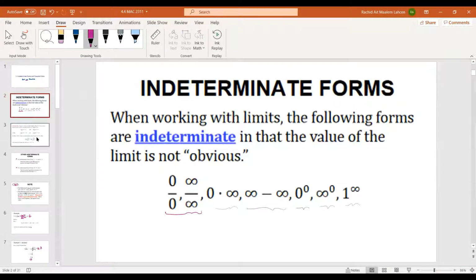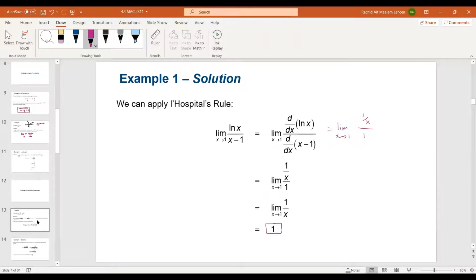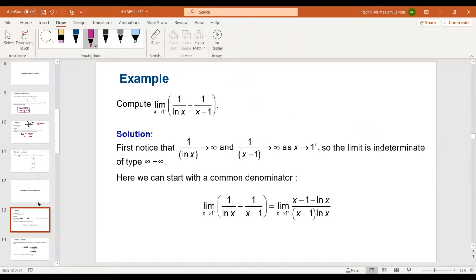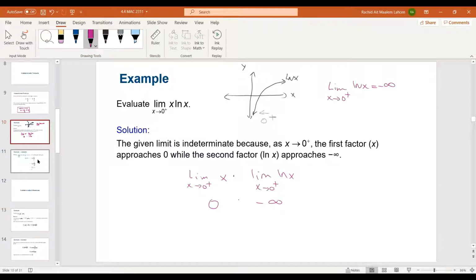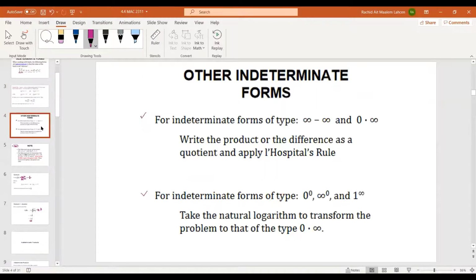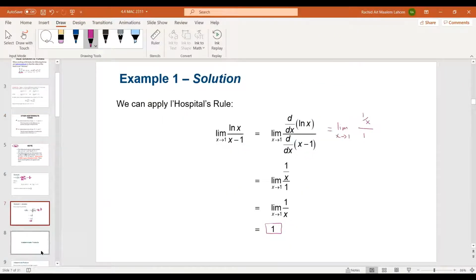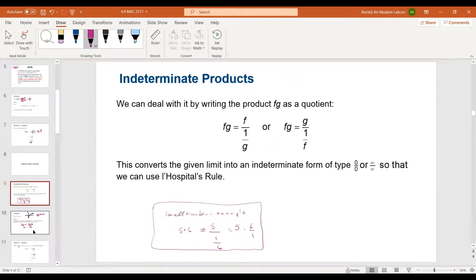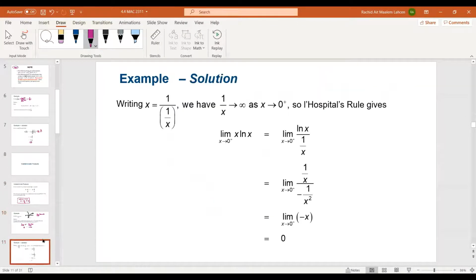And if we look at it, you'll see that it's an indeterminate form there. So what we can do is, this is a product, right? As you see in this method, write the product or the difference as a quotient and apply L'Hopital's rule. So we need to switch one to a quotient and then use L'Hopital's rule.